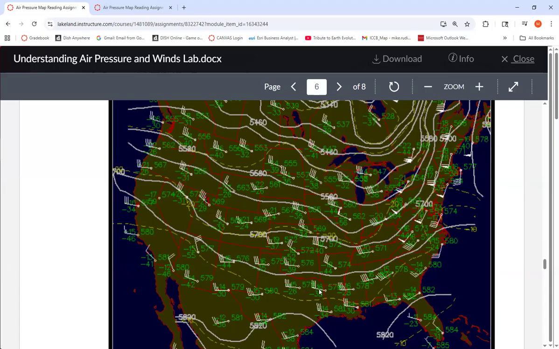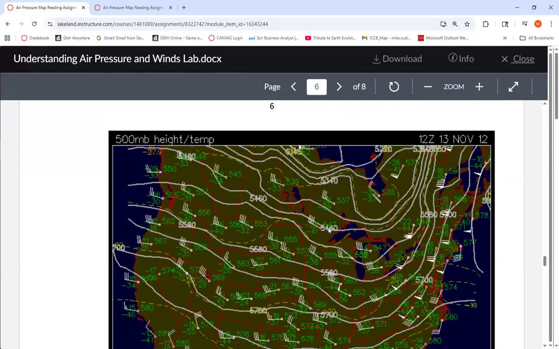Now, to understand these charts, you have to understand that all of the air pressure readings on here are 500 millibar. What changes is the altitude. These lines are constant pressure lines, and they tell you the altitude of the 500 millibar height. If you look at the ones over the southern areas, they're about 5,800 meters.